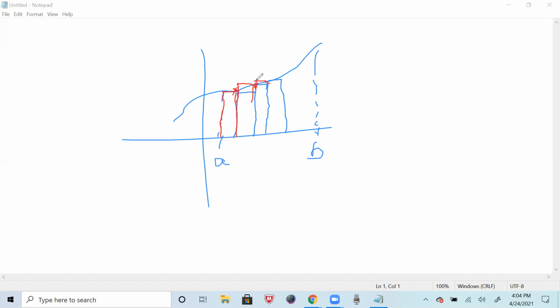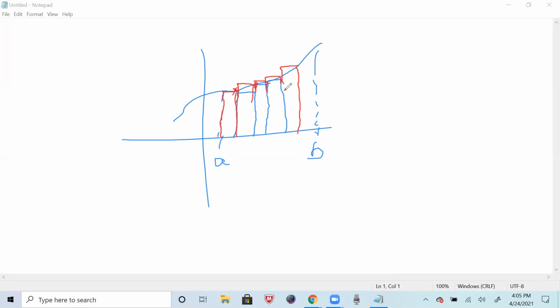You can see that the right endpoint overestimates, as long as it is an increasing function. It's the opposite if it's decreasing. If it's decreasing, the left hand overestimates it and the right hand underestimates it.